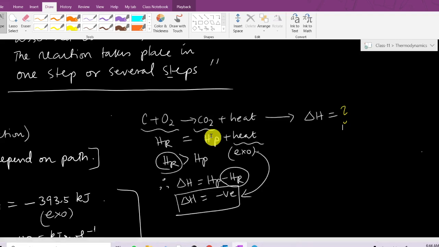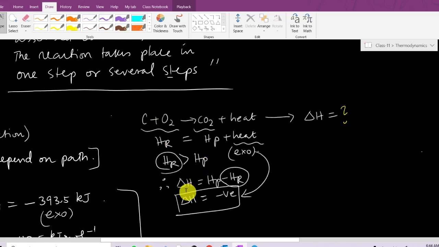So this we have seen already. From this reaction, HR equals HP plus some heat. Therefore HR will be greater than HP, that is, the heat content of the reactant will be greater than the heat content of the product.